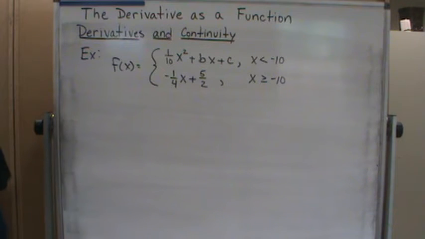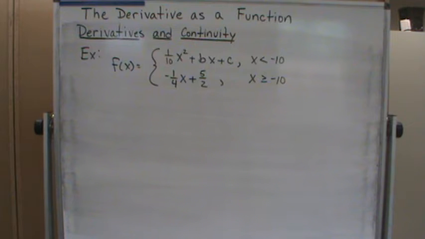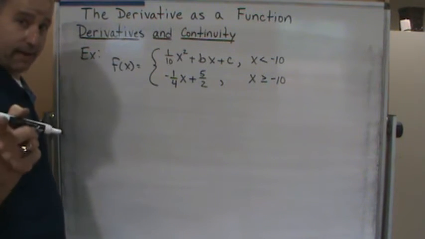Okay, so now let's deal with continuity first. What do we have to do to show that it's continuous at -10? We need to make sure that the limit from the left and the limit from the right both get the same value.